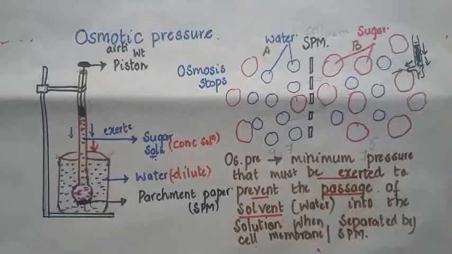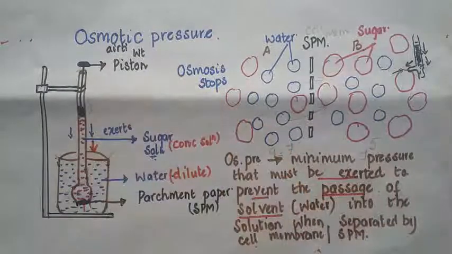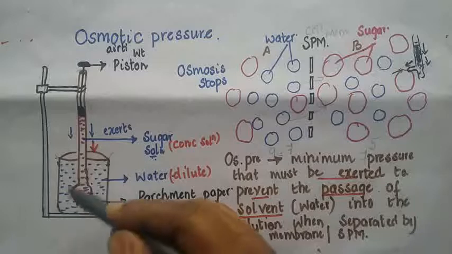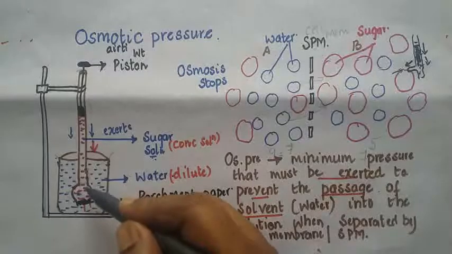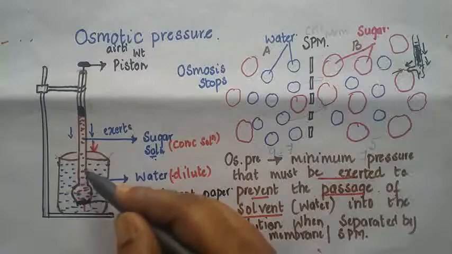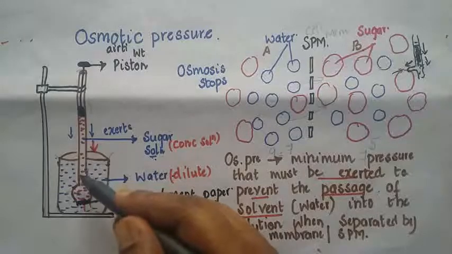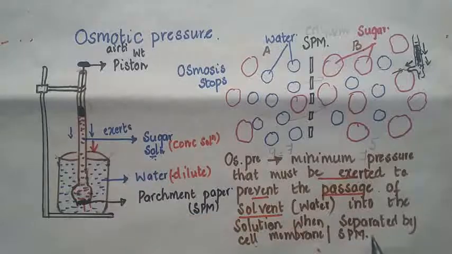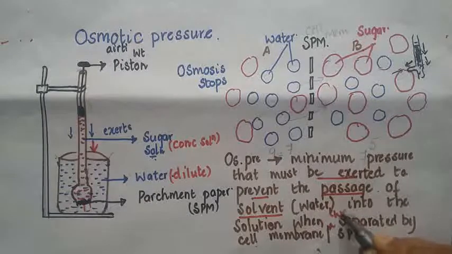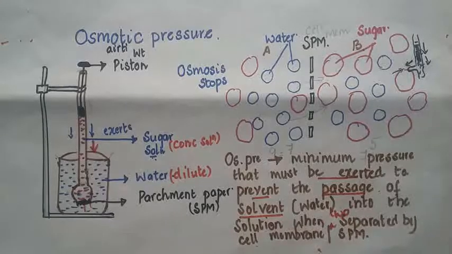Osmotic pressure is the minimum pressure that must be exerted to prevent the passage of solvent, that is water, into the solution, which can be a sugar or a salt solution, when two solutions are separated by the semi-permeable membrane.